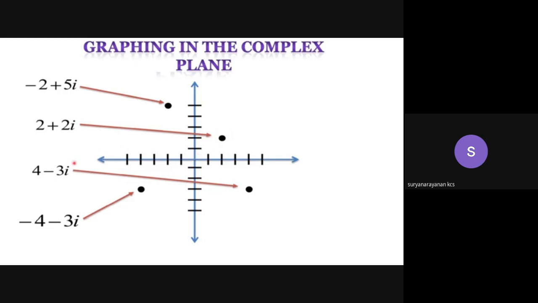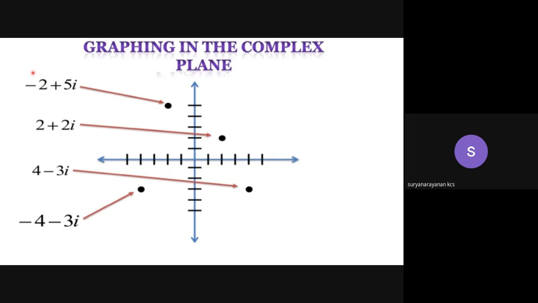Right. Similarly, 4 minus 3i is the ordered pair 4 comma minus 3. How do you represent it? Here 4, here minus 3. This is the position of the complex number 4 minus 3i in this complex plane. Similarly, take minus 4 minus 3i, which means the ordered pair minus 4 comma minus 3. Understood these points, my children? We just use that Cartesian plane knowledge here. The first number, the real part, is considered the x coordinate and the imaginary part is considered the y coordinate. Just remember that.